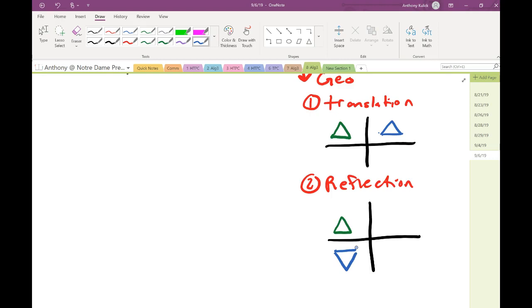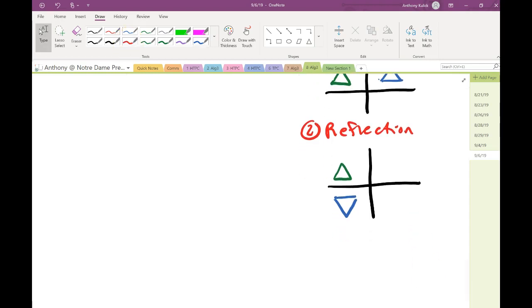The orientation could potentially change, right? In the example that I drew there, the triangle is flipped upside down over the course of the reflection. And the location is certainly changed. But the size of the shape itself has remained the same. Everybody okay with that one? Again, hopefully you remember that from geometry, at least what we mean by reflection.